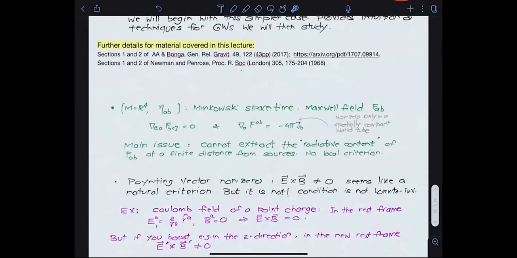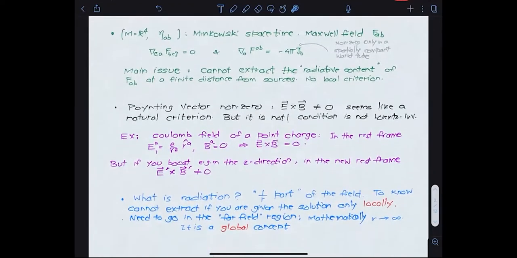So now what we're going to do is the following. We're just looking at Minkowski spacetime, and we're looking at Maxwell's equations. So we have a Maxwell field F_ab, a skew-symmetric second-rank tensor field. And it satisfies the equations that the curl of F is equal to 0 and the divergence of F is given by the matter current, the charge current.